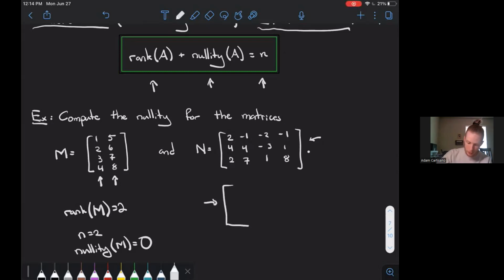So pivoting around that 2, we know the row operations. Subtract 2 row 1 from row 2 and subtract row 1 from row 3.